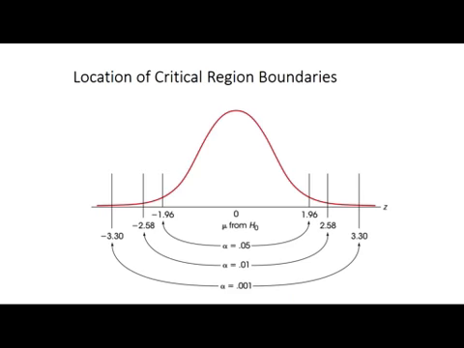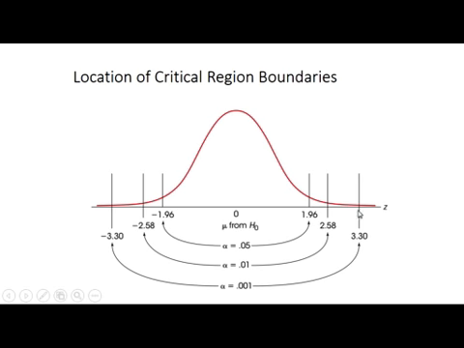All right, so here for the z-scores, these are the locations of critical region boundaries. Remember, we've talked about z-scores for a little bit now. So +1.96 and -1.96 is within that one z-score, and then you have 2.58, and then you have 3.30. You've seen this chart in a different format, where I said it was 95% of the scores here, 99% of the scores here.